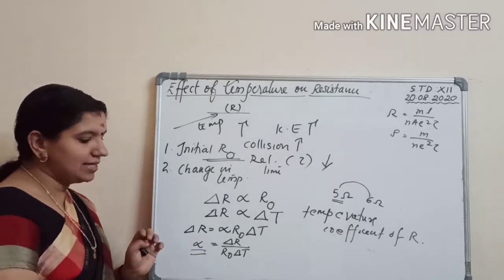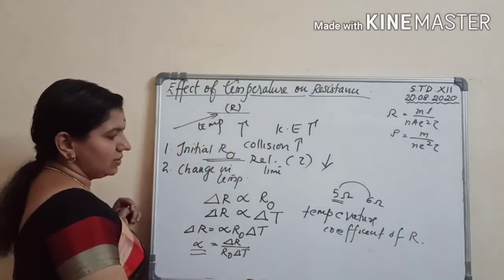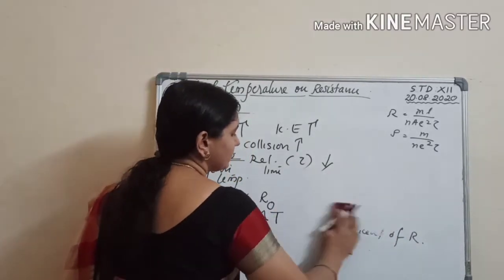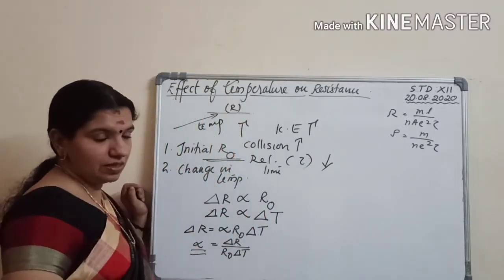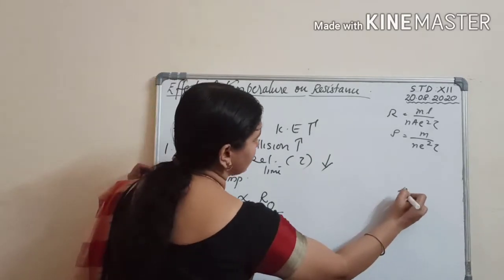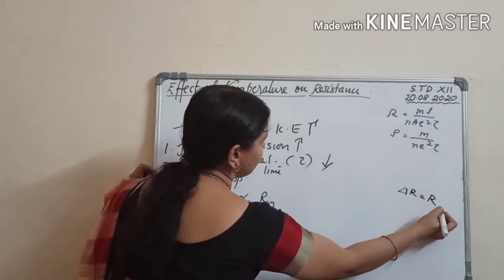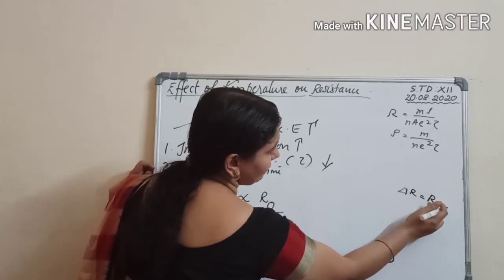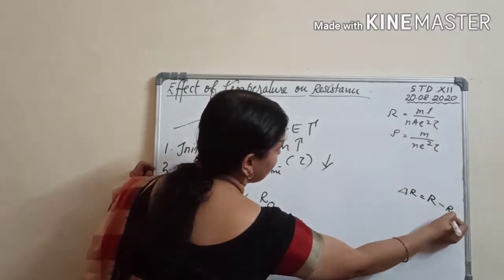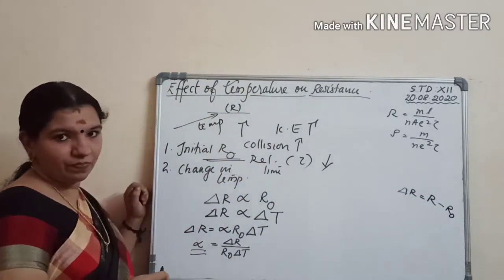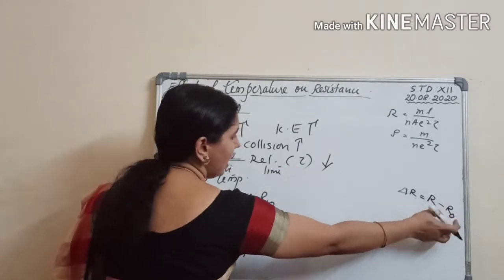Now I can rearrange the equation. Delta R, as you know, is the change in resistance, isn't it? That is, delta R is equal to the final resistance minus the initial resistance.